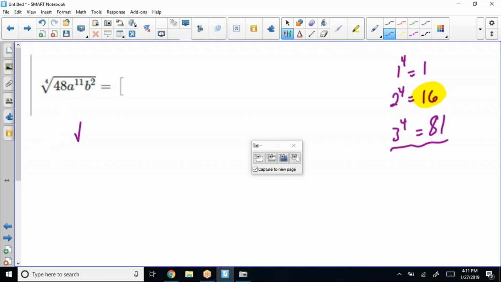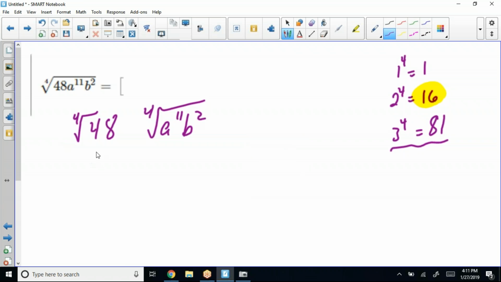I will look at the 4th root of 48, and then a to the 11th b squared. And then what we'll do is we'll say, okay, that is really the 4th root of 16, and then 48 divided by 16 is 3, so the 4th root of 3, right?